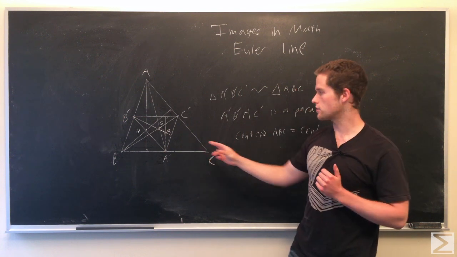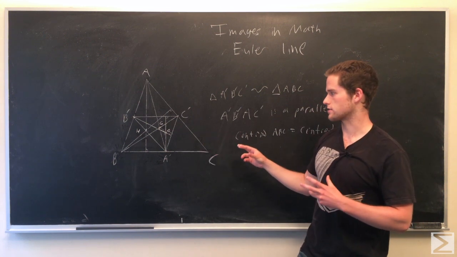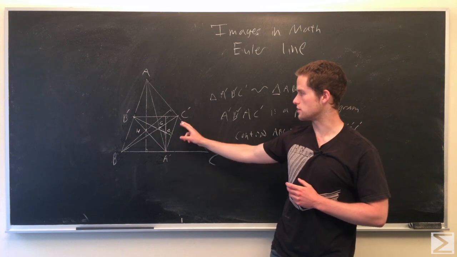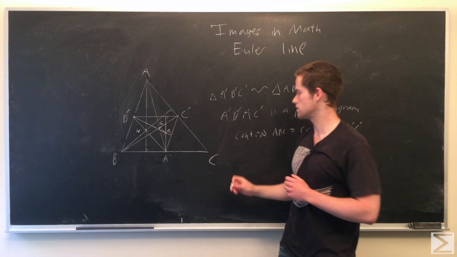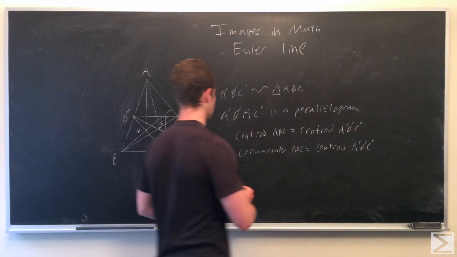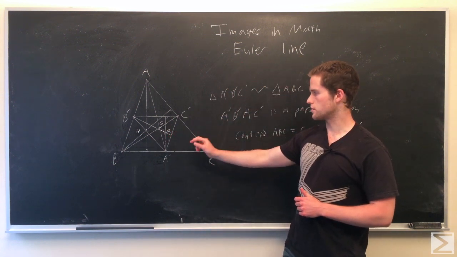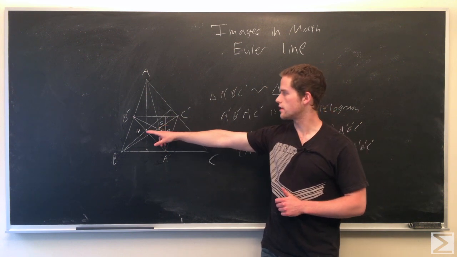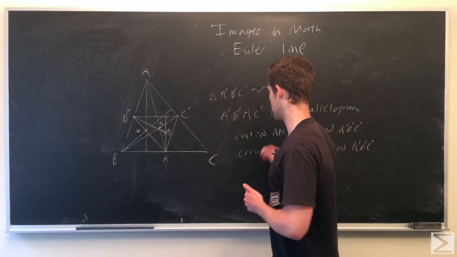So the altitudes of this inner triangle are actually the perpendicular bisectors of the outer triangle. That tells us the orthocenter of A prime, C prime, B prime is in fact equal to the circumcenter of ABC. So we labeled the circumcenter of the big triangle, which is the orthocenter of the small triangle, O, the common centroid G, and the orthocenter of the bigger triangle H.